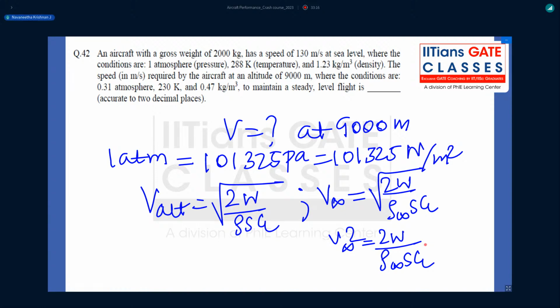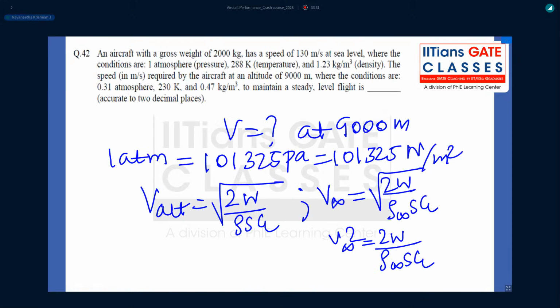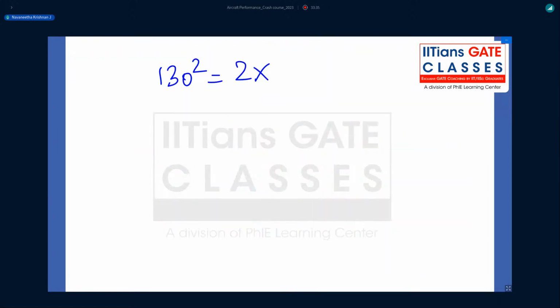Yes, correct, Tanyamutu. So velocity they gave as 130 meter per second. So 130 square equals 2 into weight. Weight is nothing but mass into acceleration due to gravity.